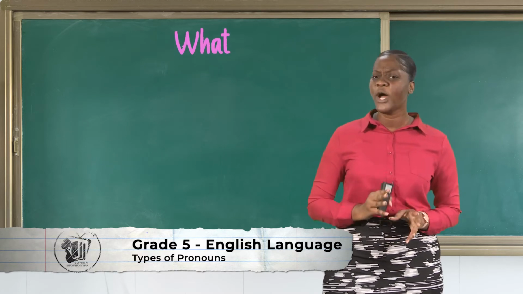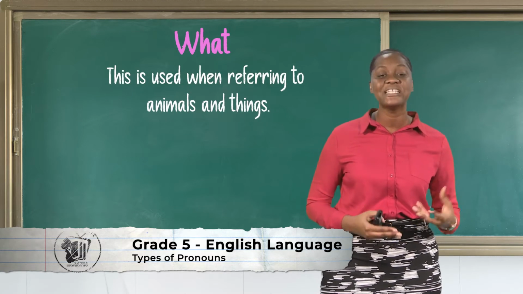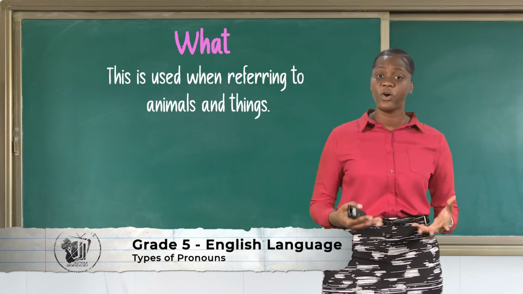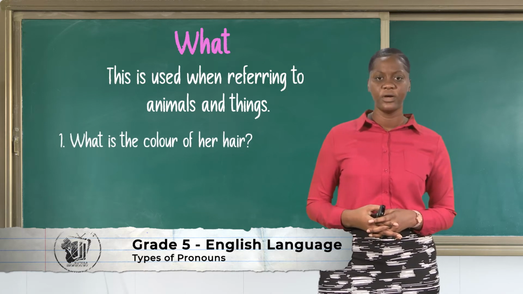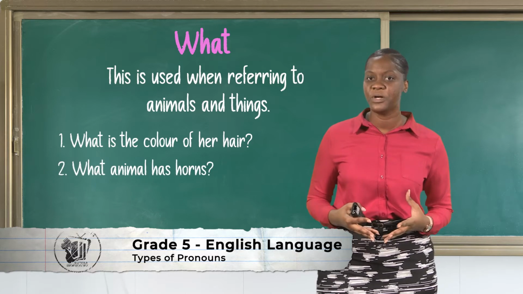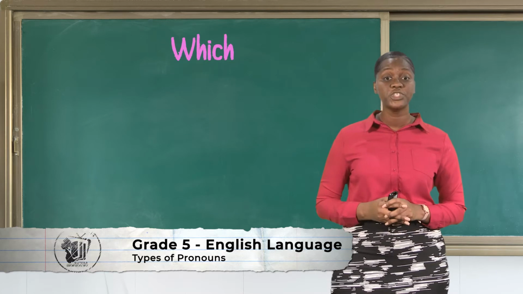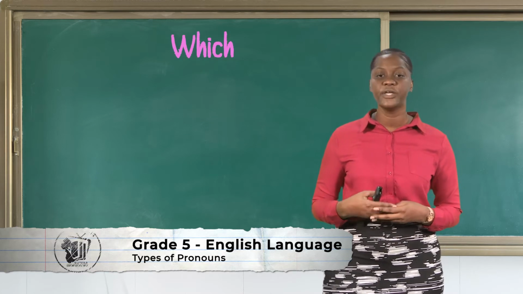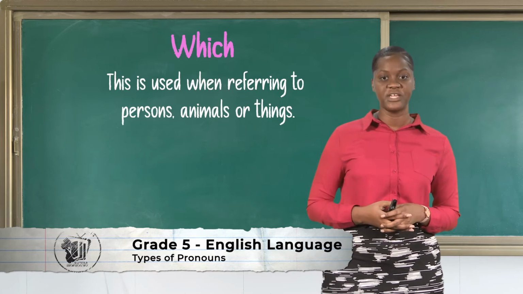The pronoun what is used when we are referring to animals and things. For example, what is the color of her hair? Or, what animal has horns? And finally, which is used when we're referring to persons, animals, or even things.